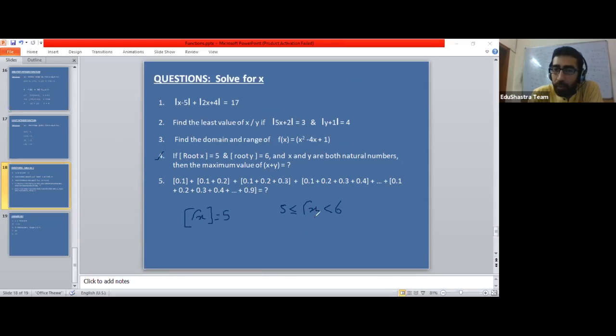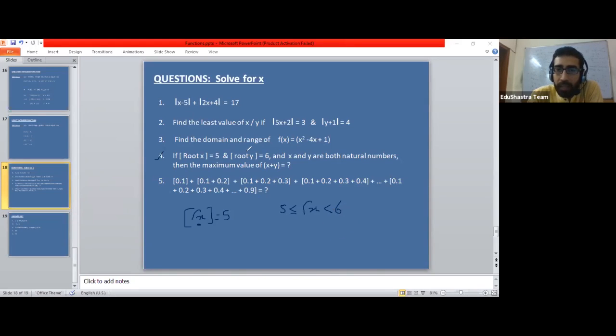Root x can't be equal to 6. If root x were 6, then the greatest integer of 6 would be 6, right? Root x can be just less than 6. In terms of value, root x at max could have been 5.9999. It could have been 5.9 bar. That could have been the maximum possible value of root x.